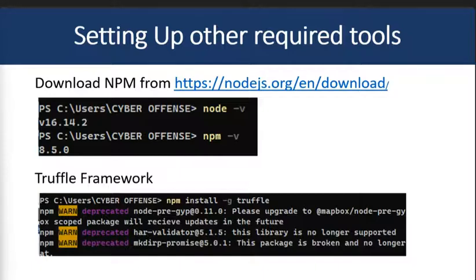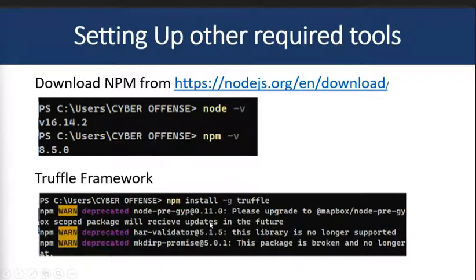So for this, we are going to open our terminal and use npm to install Truffle using the following command: npm -g install truffle. Sometimes you actually get errors, especially when you're using a Windows system. There's something called yarn. I forgot to include it in this slide.